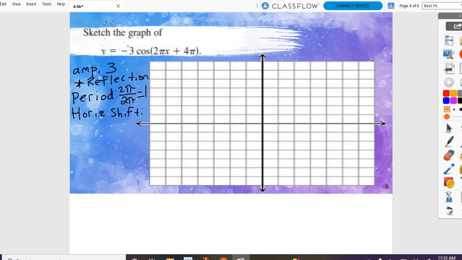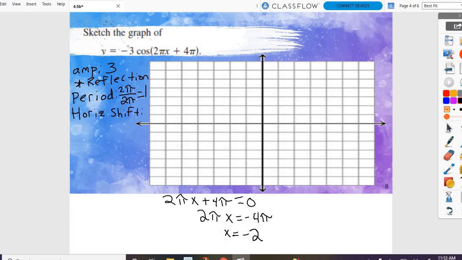It's going to be C divided by B. Remember the easiest way to figure out your shift is to take the stuff on the inside and set it equal to 0. So then what would we do to solve? How do we get rid of the 4 pi? Subtract. And then divide both sides by 2 pi, so we get negative 2.